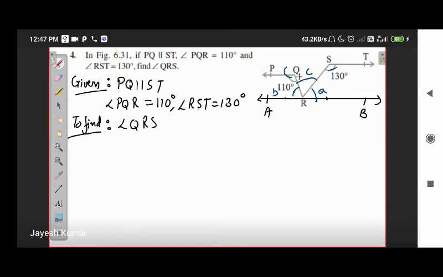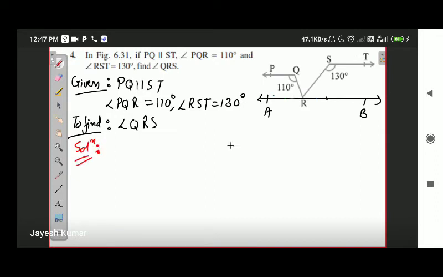Sum of A, B, C equals 180 degrees by linear pair. So we can easily determine the value of the angles. There are numerous methods to solve this question. Whatever method you take, the important thing is you get the correct answer.